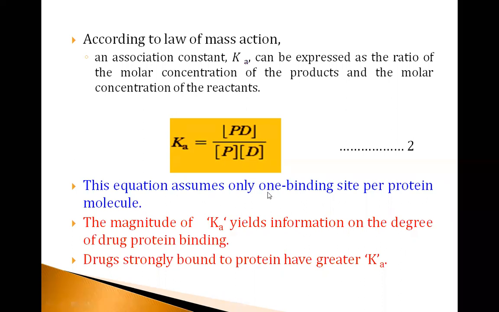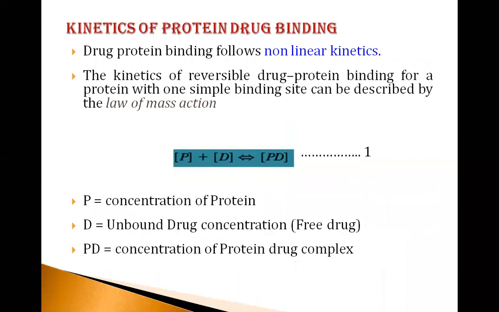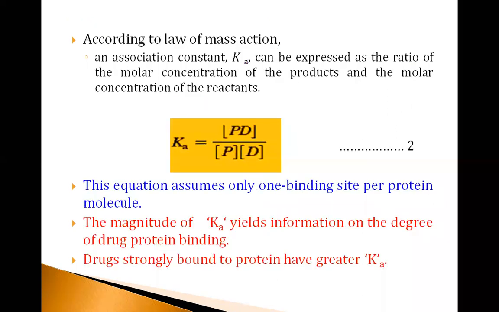So with the assumption of only one binding site per protein, we are proceeding ahead. This Ka is very important. Based on the kinetics of drug protein binding, we are going to come out with the equation which helps us to calculate the association constant and also the number of binding sites. You will understand as we proceed. Right now, with the basic equation based on the law of mass action, we are proceeding ahead.